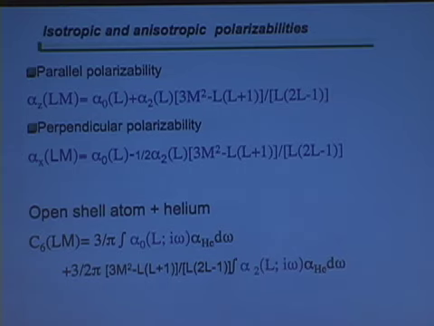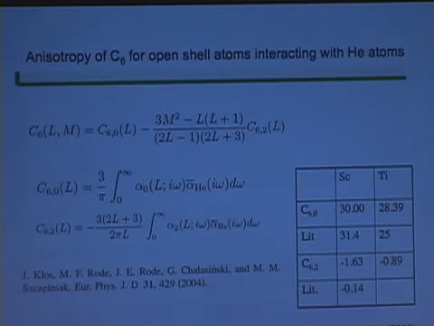And then C6 can also be further expressed as a function of C60, which is isotropic, and C62, which is anisotropic. They can be obtained from alpha 0 and alpha 2s of the open shell atoms.